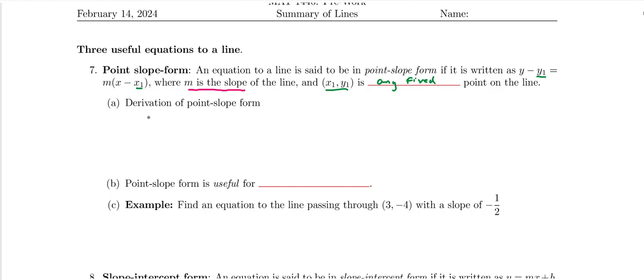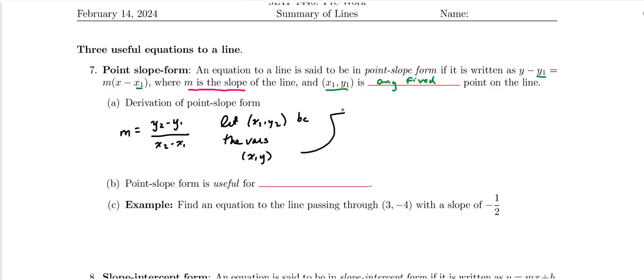If we go back to our equation for the slope of a non-vertical line, it was m is equal to y2 minus y1 all over x2 minus x1. So let's let x2, y2 be the variables. That's the word variables. x, y.